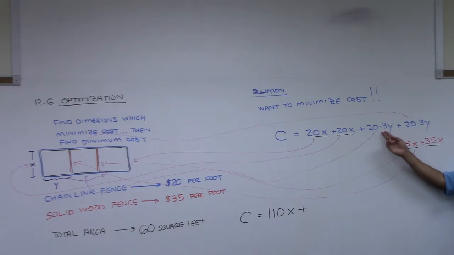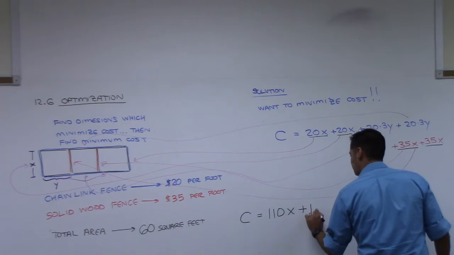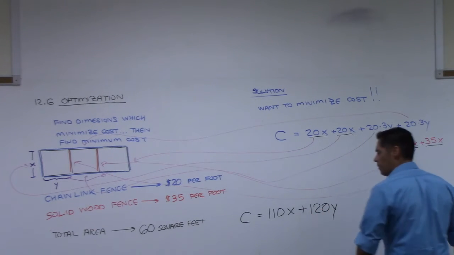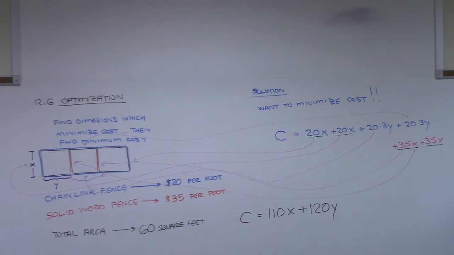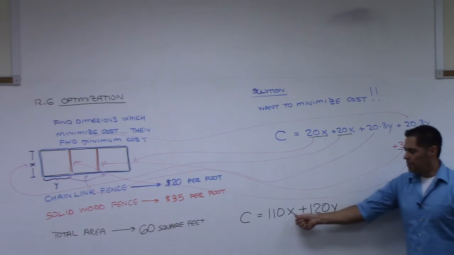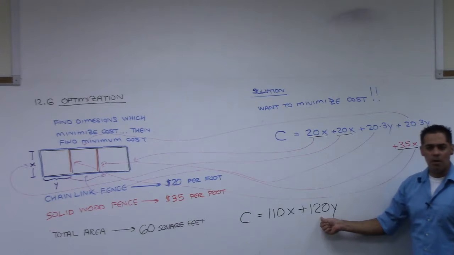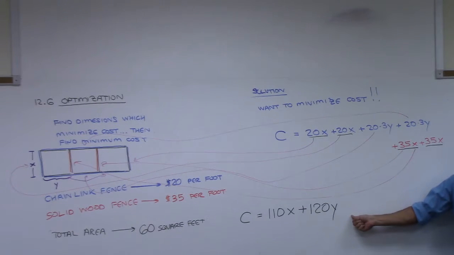That's 60y and 60y, right? 120y. Okay, my cost is 110 times x plus 120 times y. Dollars, yeah, dollars. It'll be in dollars at the very end, yes.